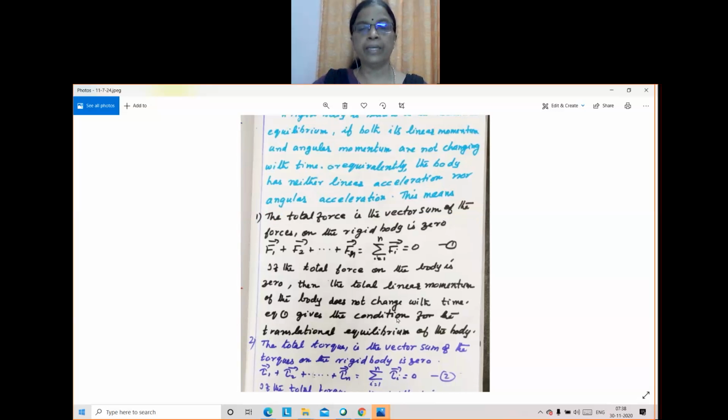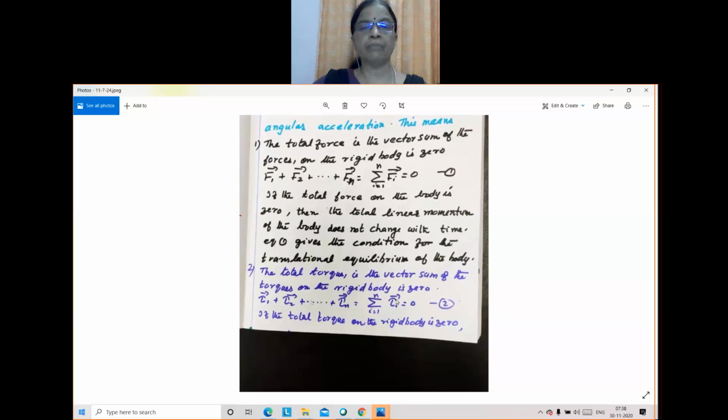But here it has to satisfy rotational equilibrium also for a complete mechanical equilibrium. For the body to have complete equilibrium, both equilibriums should be there. Translational equilibrium as well as rotational equilibrium must be there. Otherwise, it will be in partial equilibrium only.